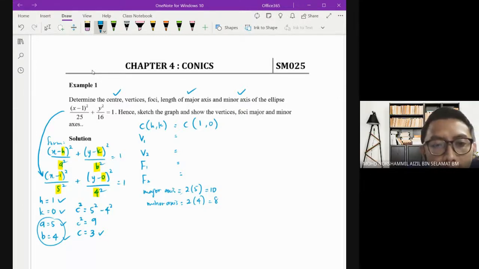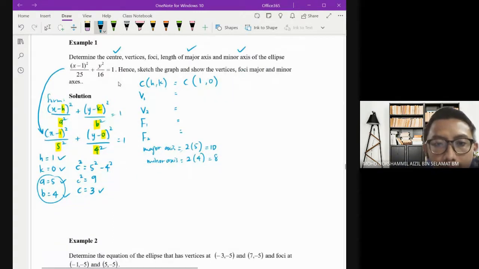So kalau B kecil, ingat balik saya kata tadi, H, K, A, B, C duduk tengah-tengah. Recall balik tadi. So B adalah kecil. Bila B ni dia kecil, maksudnya K, Y dia akan fix guys. Fix tu maksudnya semua ni akan K.